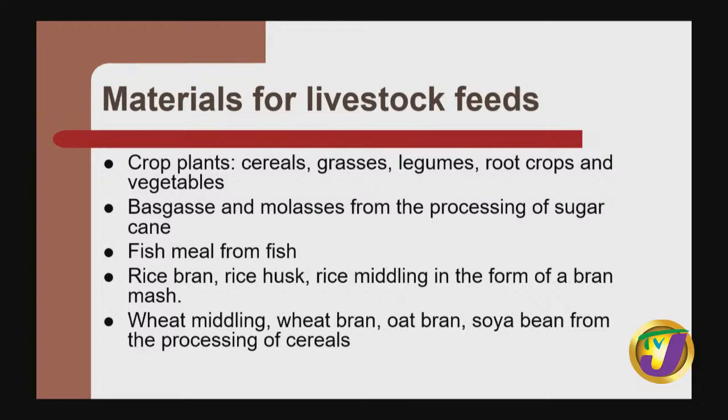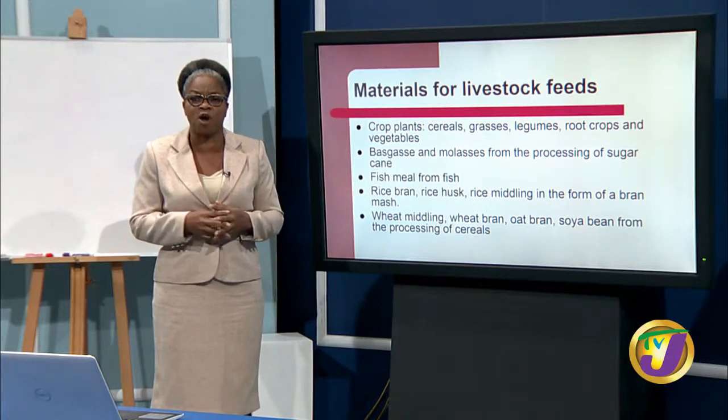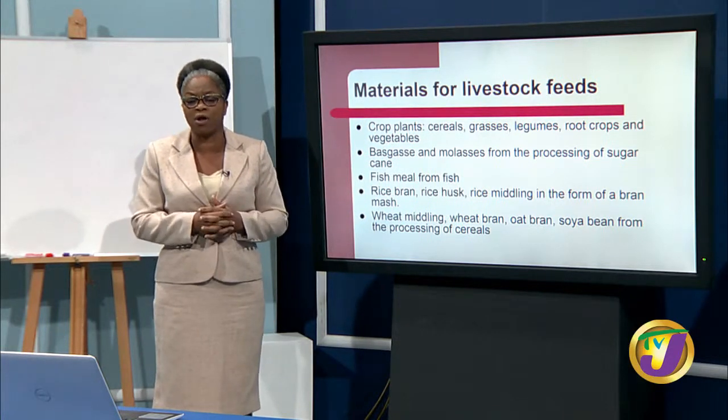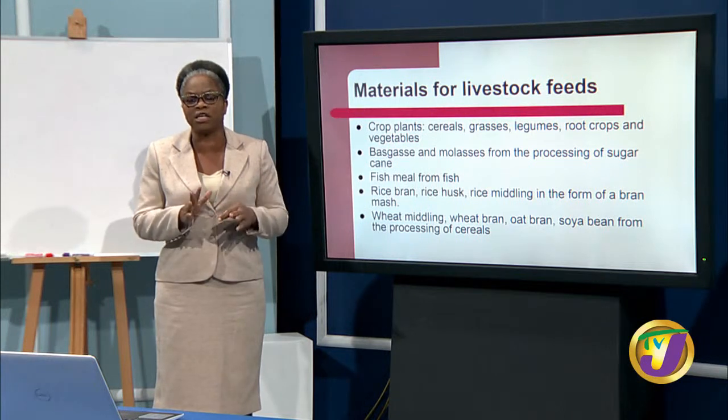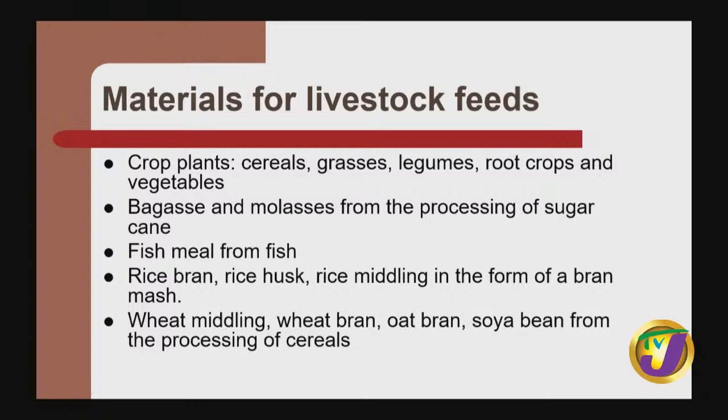We may get the materials too from bagasse and molasses from the processing of sugar cane, from fish meal, also from fish, rice bran from rice, wheat middling. We could also get it from the citrus industry, the citrus pulp. We could also get it from coconut meal, from the coconut industry. We could also get it from the brewing industry. All of these are different materials that we can get from different industries so that our animals can do well.